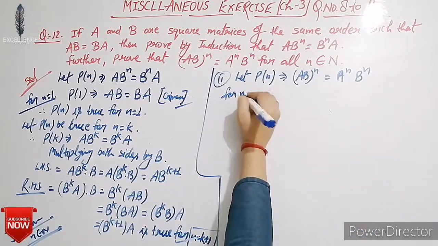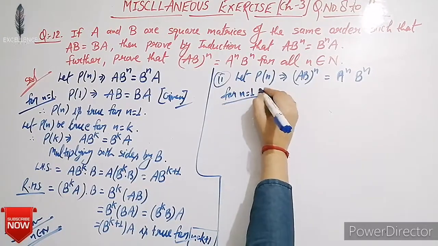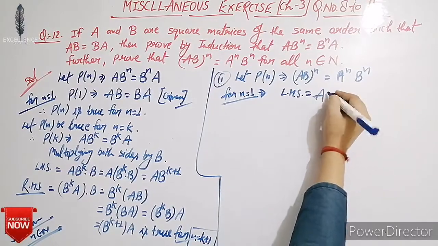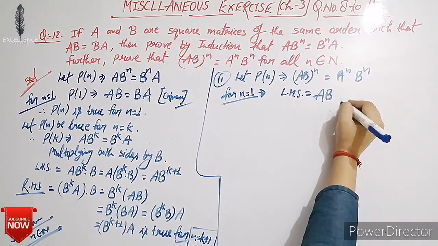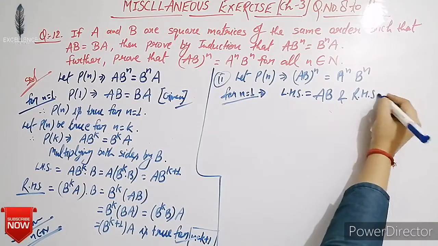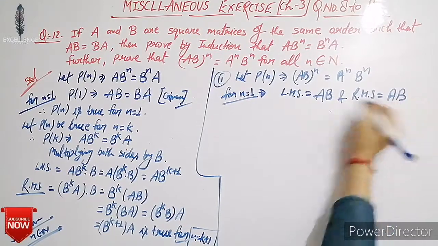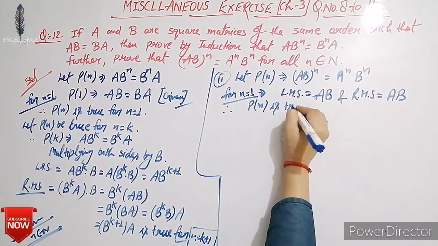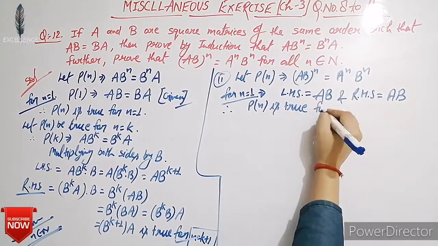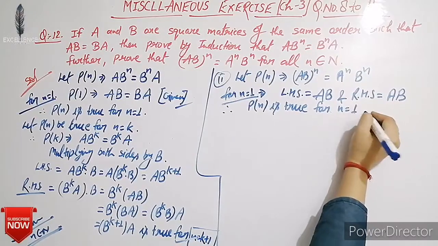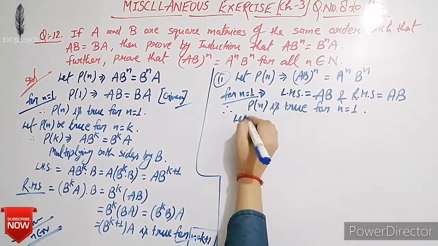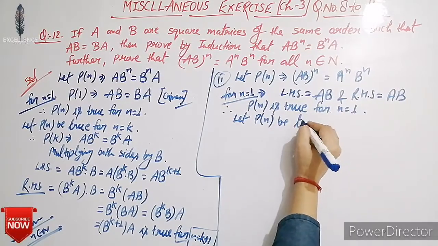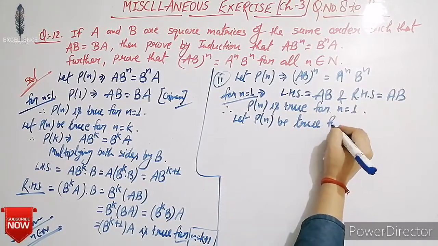For n equals 1, LHS equals AB raised to power 1, that is AB, and RHS equals A raised to 1, B raised to 1, that is AB. So, P of n is true for n equals 1. Let P of n be true for n equals k.